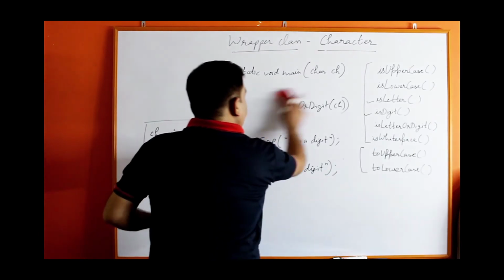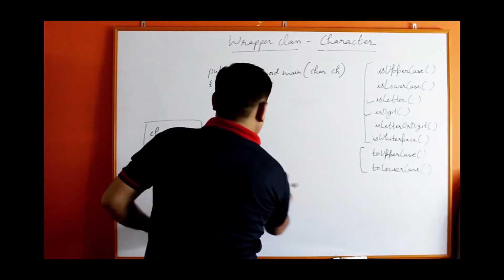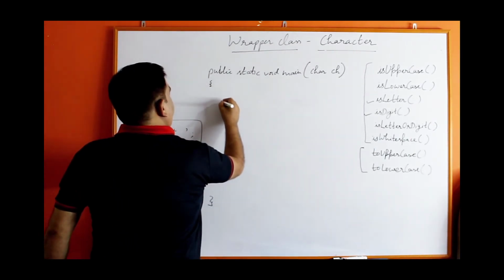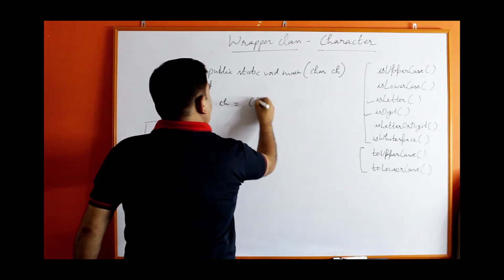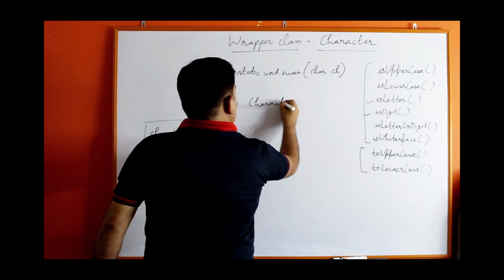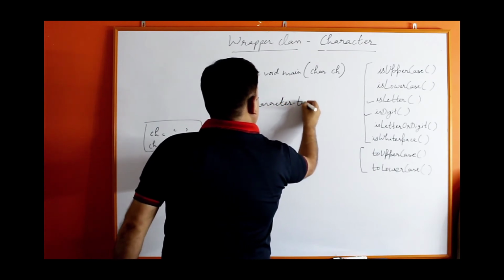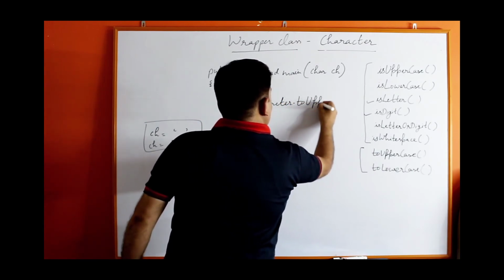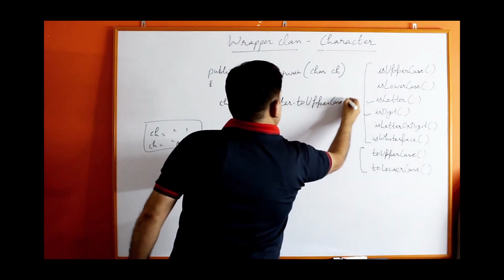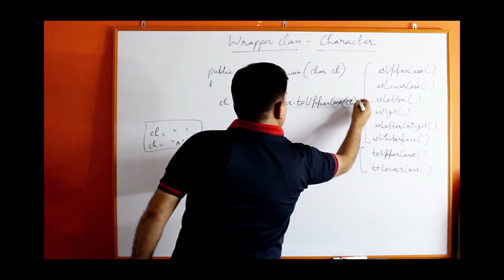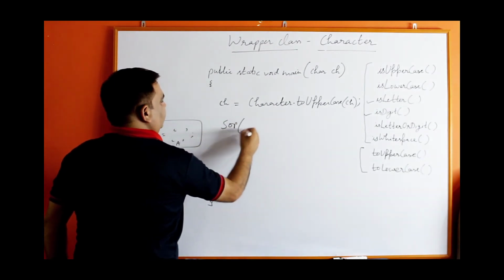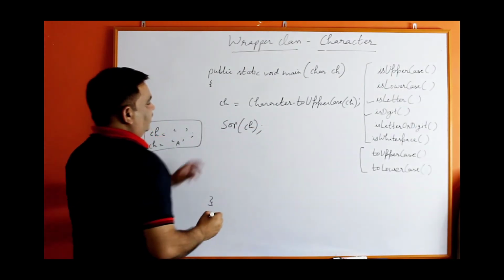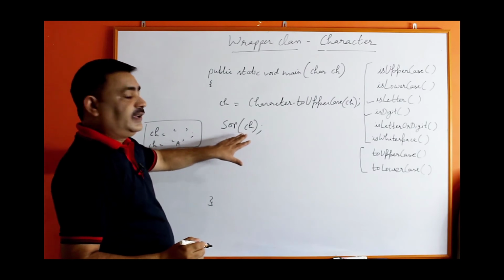So the toUpperCase function is used to convert. I am using the same variable ch equal to Character.toUpperCase and pass the character. So after printing you can check the value of ch will be in capital letter.